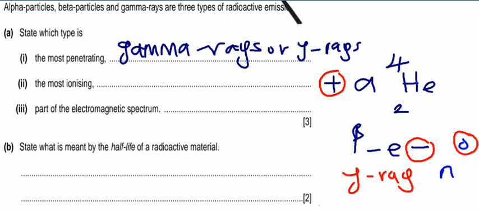Now, when you talk of ionization, ionization is just the ability of an element to form a cation or an anion. When I say cation, it is a positive charge. Then an anion, it is a negative charge. Suppose we have sodium, it has a mass number of 23 and a proton number of 11.